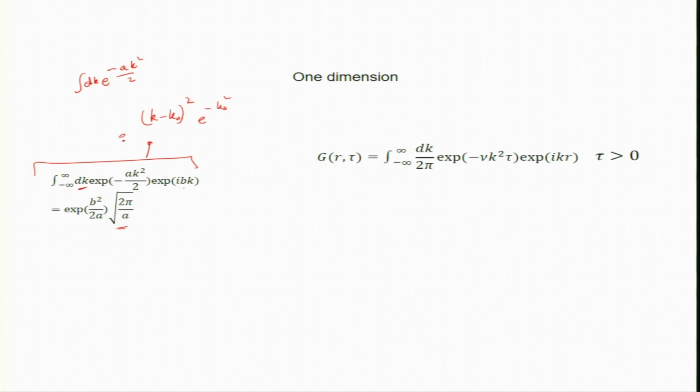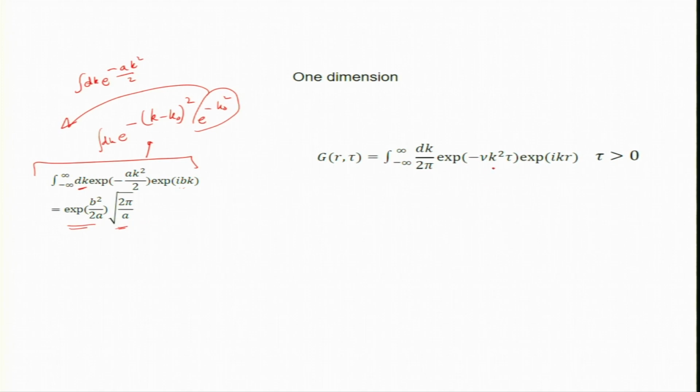The exponential part, this is root pi by a, integral dk, and this is a constant which comes out of the integral, and that gives us this. So this integral can be done by using this formula.